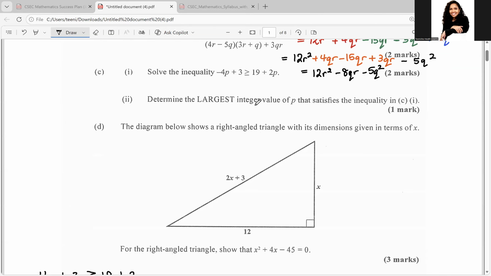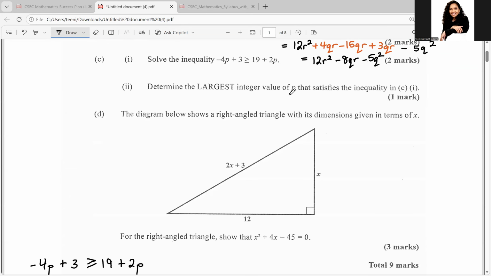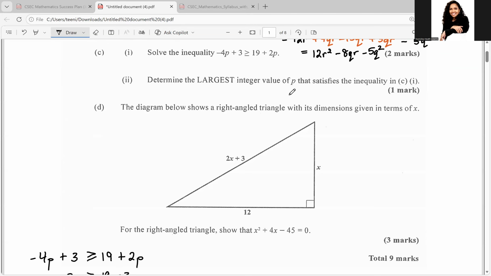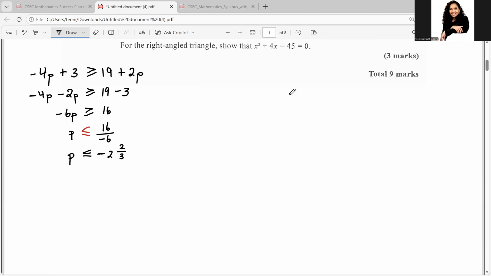Next, determine the largest integer value of p that satisfies the inequality. Okay, so if p is less than or equal to negative 2 and 2/3, if we think of the number line, right? So here'll be 1, here'll be 2, negative 1, negative 2, because these are all to the left of 0. Negative 2 and 2/3 might be here.